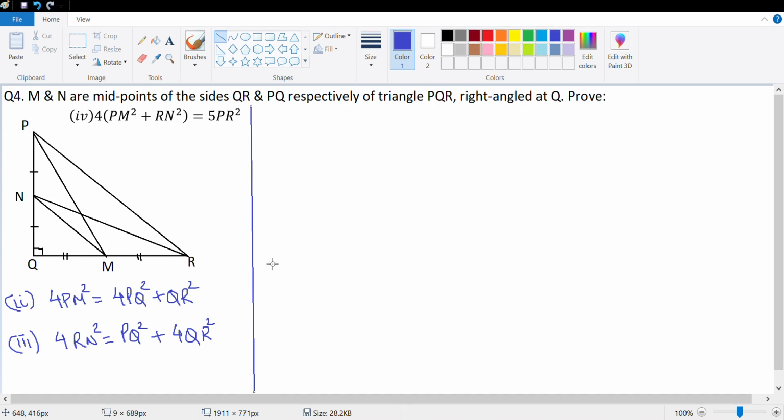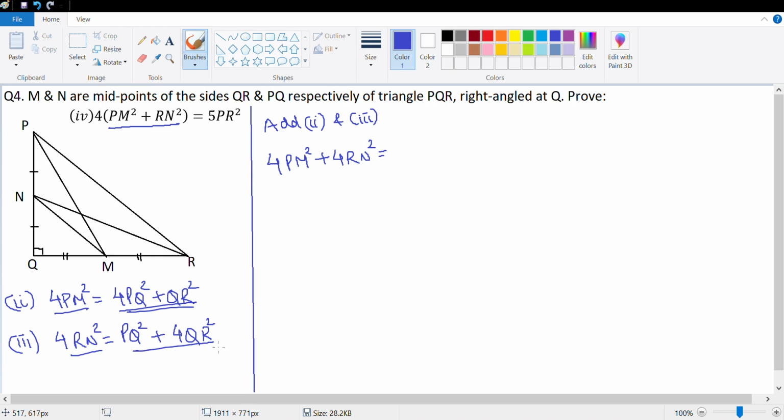So let's see what do they want us to prove in part 4. They want us to add 4 PM square and 4 RN square, which means let's add these two. So adding 2 and 3, which we've already proved. So what I get is 4 PM square plus 4 RN square. So this is my left hand side. Let's get what's on the right hand side.